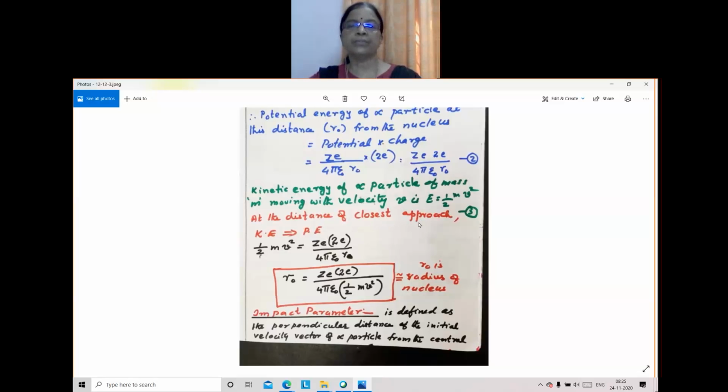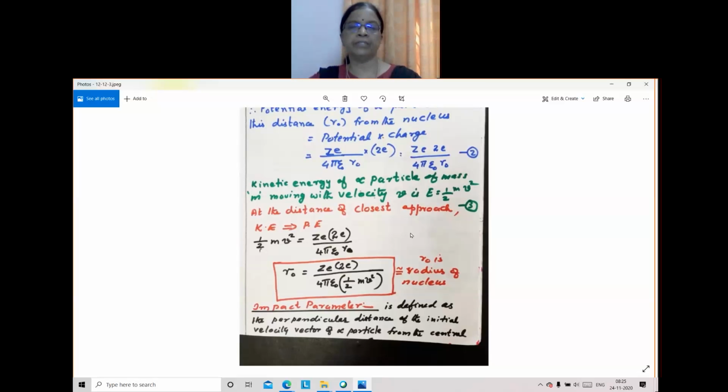When it gets near the nucleus, it is bounced back. At that distance, kinetic energy is stopped and then it is reflected back. Moving alpha particles suddenly stop and bounce back. So at that point, all the kinetic energy is converted into potential energy.